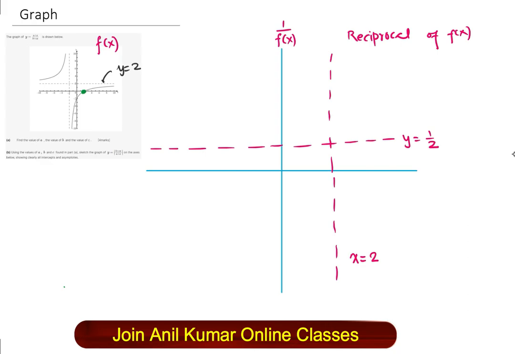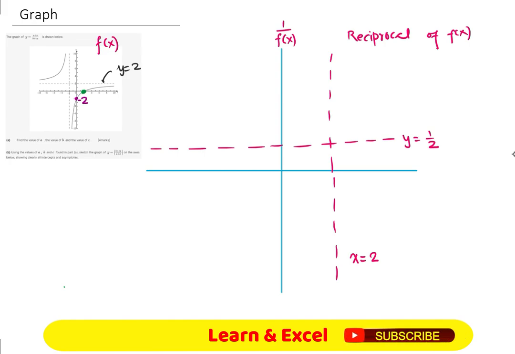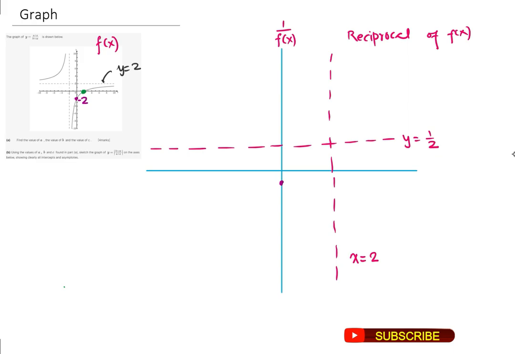The y value becomes half. The y-intercept, which is at minus 2, will now be at minus half, right? So y-intercept will now be at minus half. Correct?